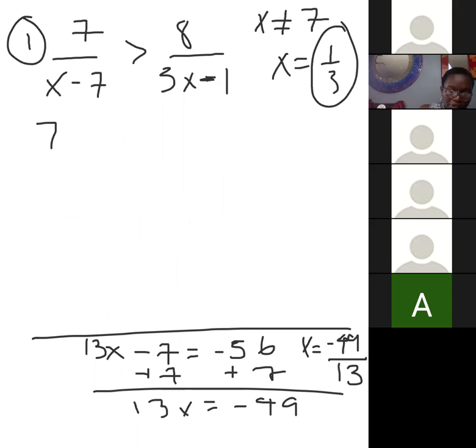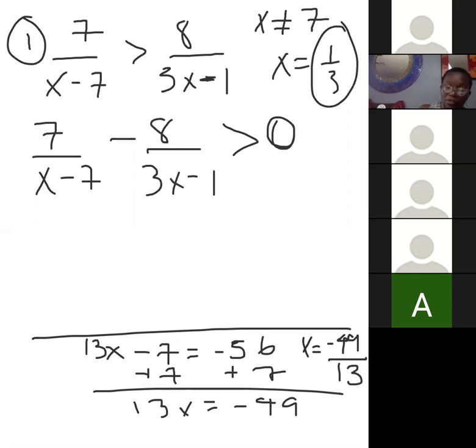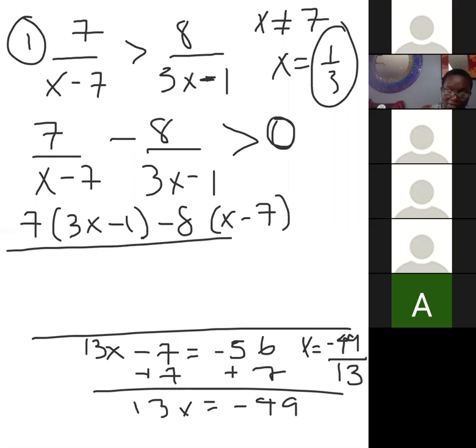So what you do is you rewrite the problem so you can isolate the rational expression on one side, okay? Now, obviously, we have to find the least common denominator. So you would have to go ahead and take the 7 multiplied by 3x minus 1, take the 8 multiplied by x minus 7, and you want to keep this over x minus 7 times 3x minus 1.